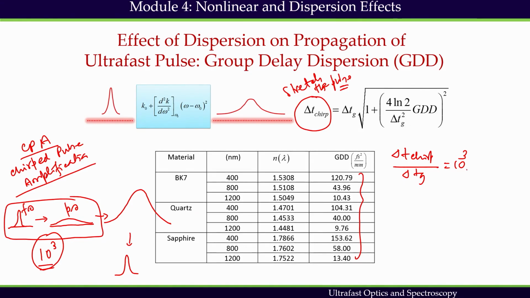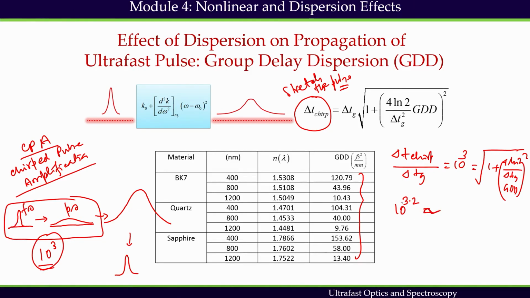So let's check. If 10 to the power 3 is the ratio we are looking at, then it is equivalent to the square root of 1 plus the quantity 4 ln2 by delta T squared times GDD, squared. So approximately we need this GDD to be also on the order of 10 to the power 3.